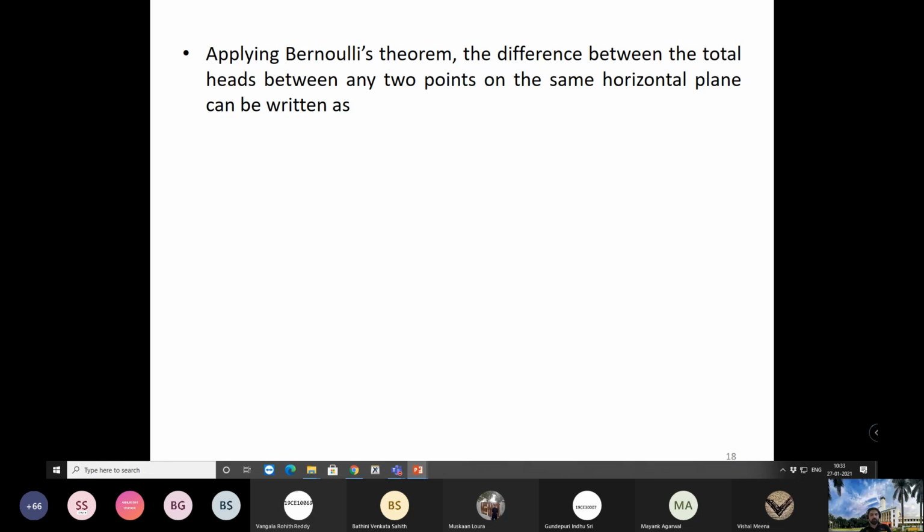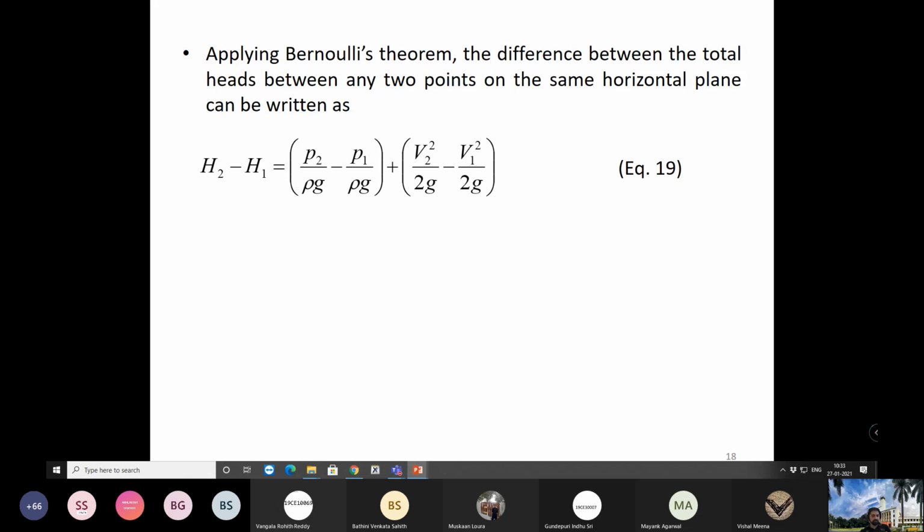Now, if you apply Bernoulli's theorem, the difference between the total heads between any 2 points on the same horizontal plane can be written as Bernoulli's equation, right? H2 minus H1 is equal to the difference in pressure heads, P2 minus P1, plus the difference in velocity heads, V2 minus V1. The differences in the pressure heads and the velocity heads will give us the total head difference because they are in the same horizontal plane, so the difference in datum Z is 0. Now what we can do is put V equal to r omega here.